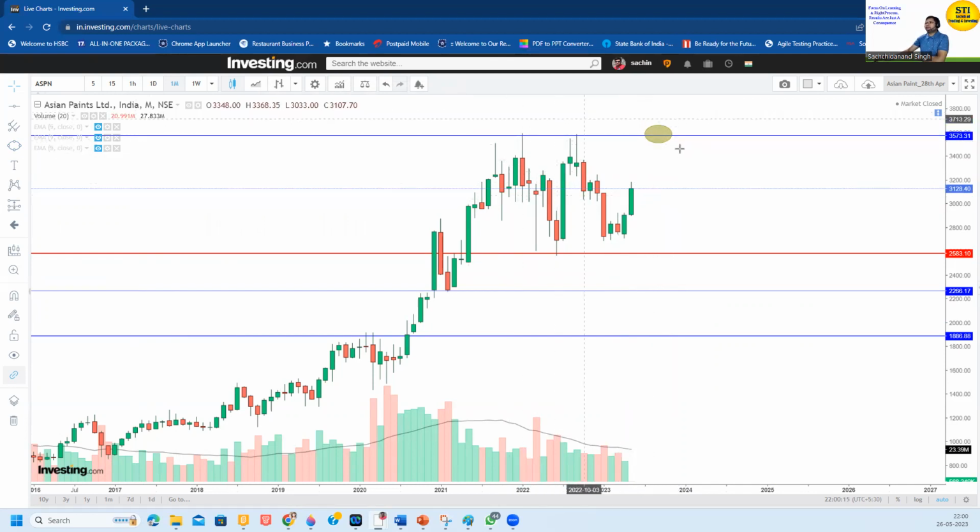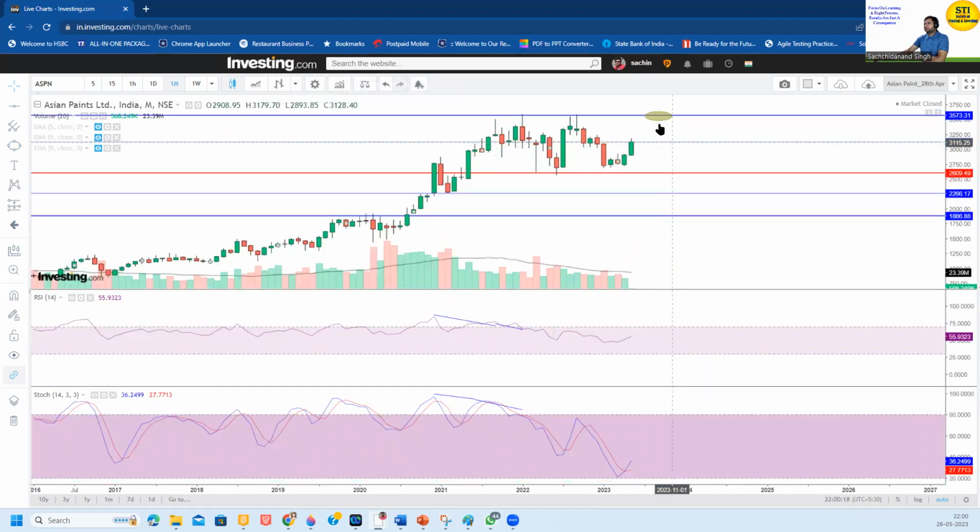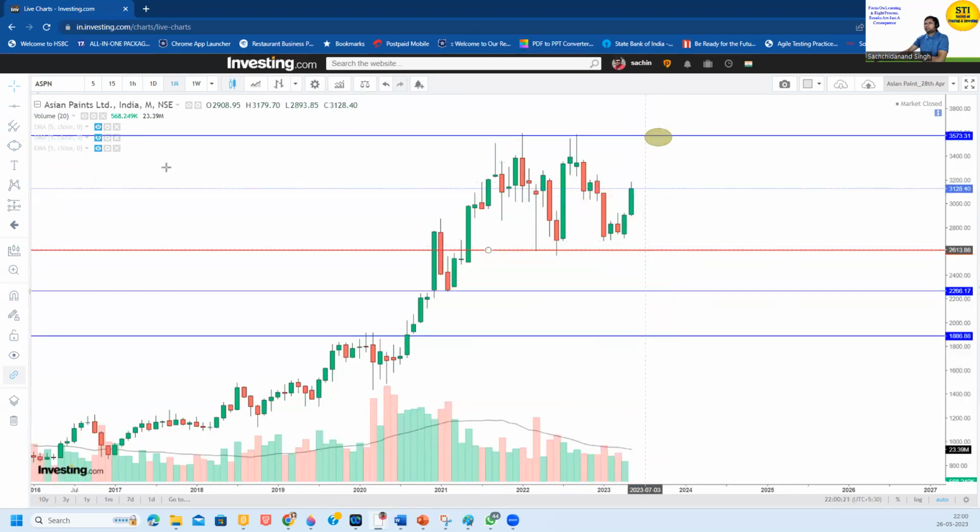And suppose it comes down and breaks the support line. That phenomenon is called a breakdown. BO or BD: breakout means breaking in the upward direction, breakdown means breaking in the downward direction.